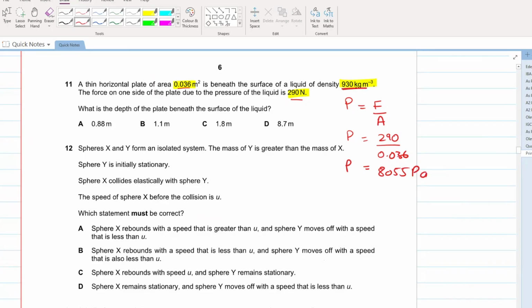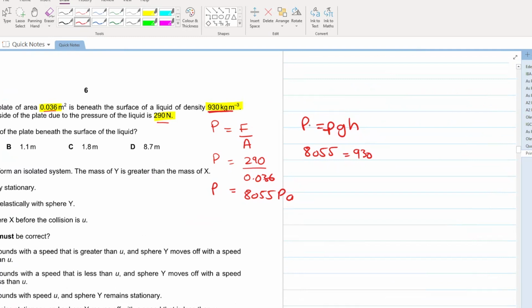And you know that the density is this. So you can do what? Pressure is equal to rho gh. प्रेशर का क्या फॉर्मूला? प्रेशर की क्या वैल्यू थी? 8055. Density is 930. Since g की value नहीं given, you will place 9.81 here. Multiply.